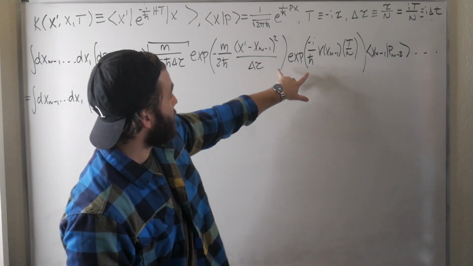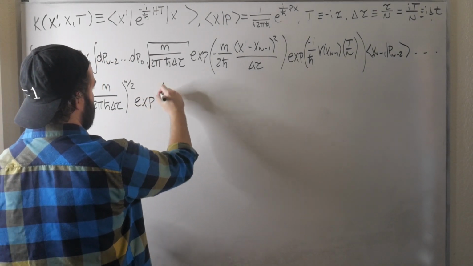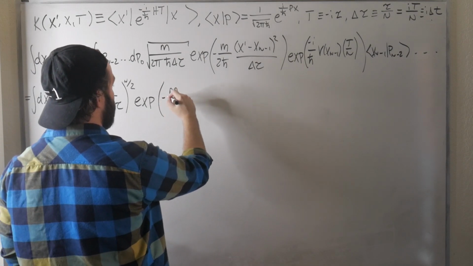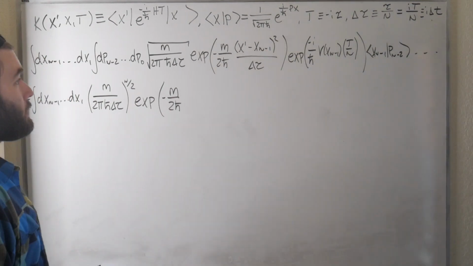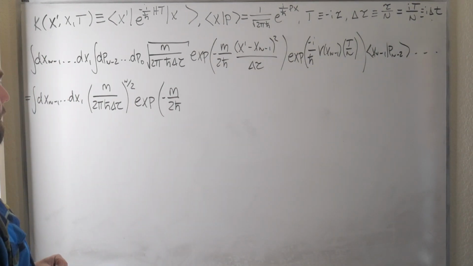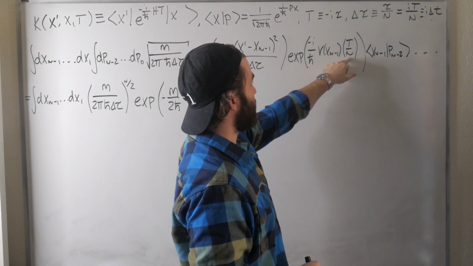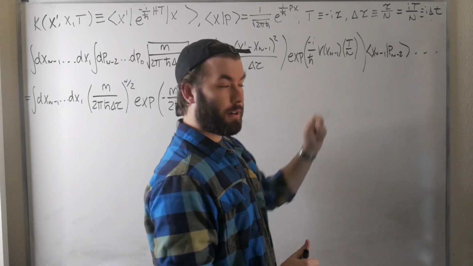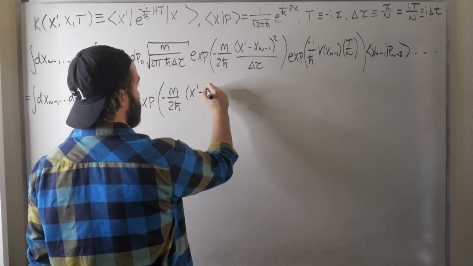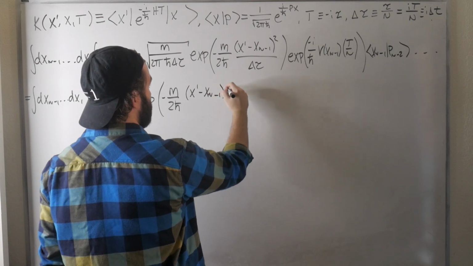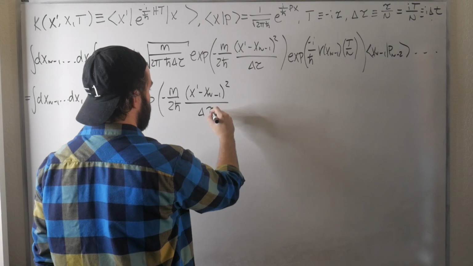And now we can combine this exponential term. We have an exponential of minus m over 2h bar. Let's go ahead and insert our delta tau definition here instead of having t here. So we've got x prime minus x sub n minus 1 squared over delta tau.